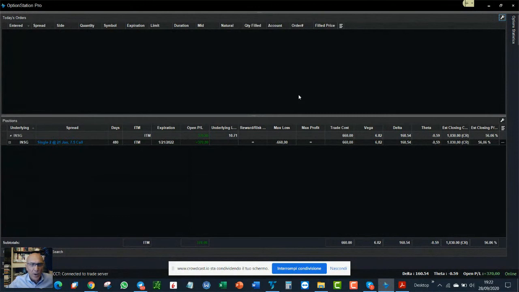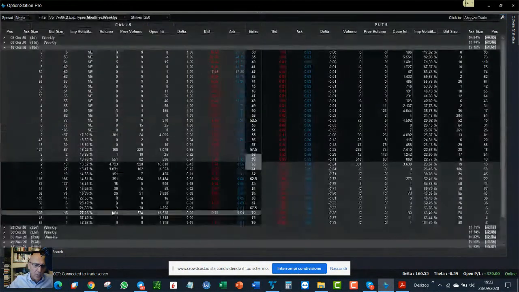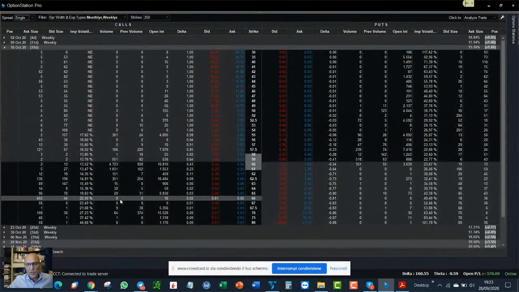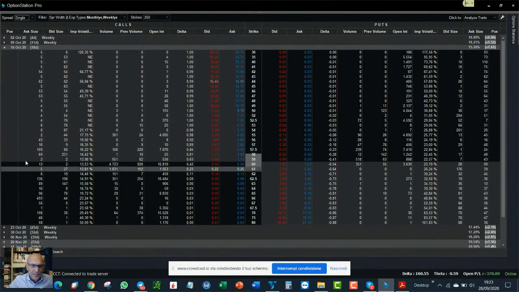which is the Option Station Pro. This tool is what we need to see everything that we need for trading options. It has this window, which is the option chain.